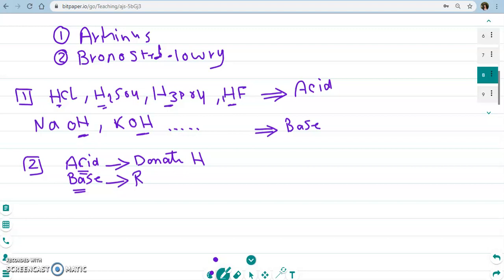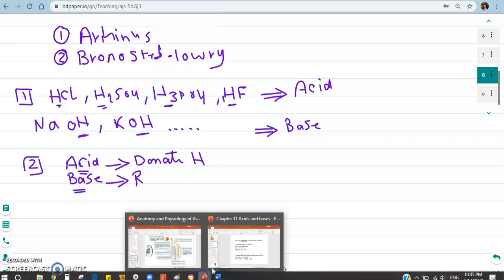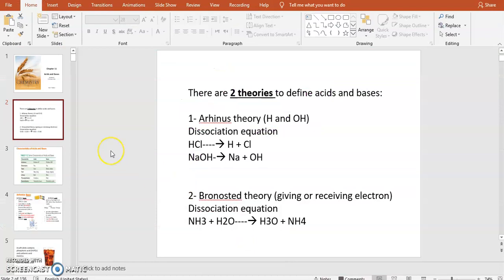Okay, example. We have an example in the PowerPoint presentation. Let's pull it out here. NH3 plus H2O, and it will dissociate in water.